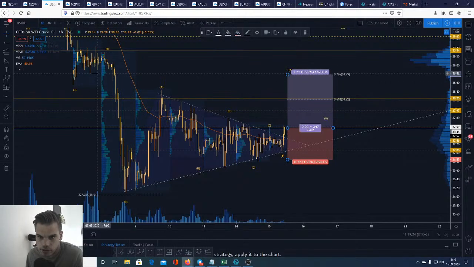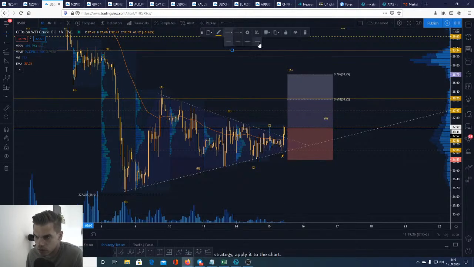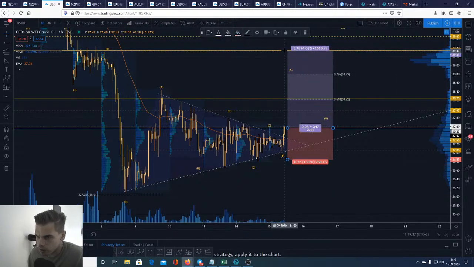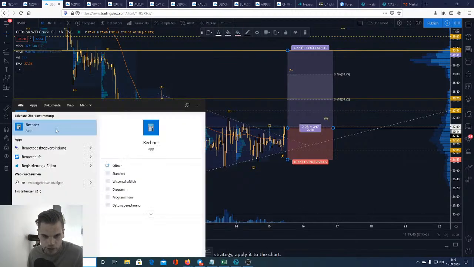Target 2 here at this support. Target 3 here at this resistance. Calculator.